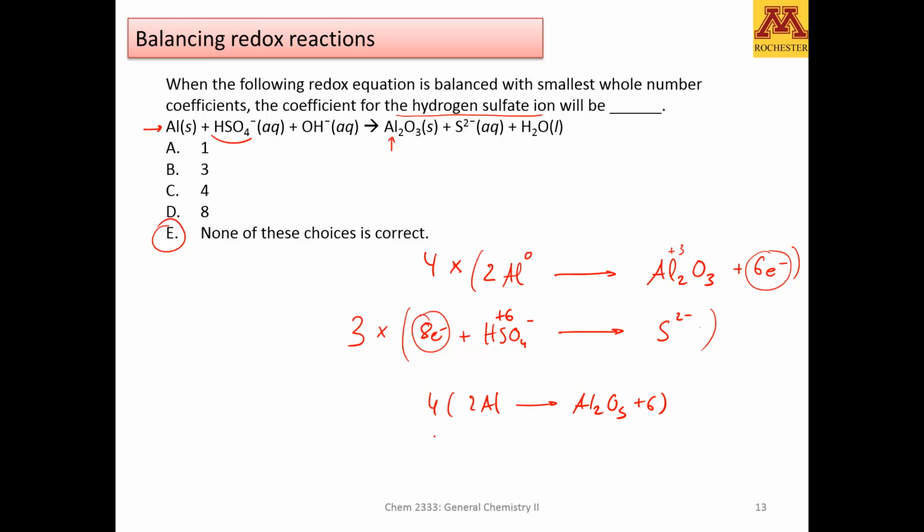Let me just do the whole thing. 4, 8, this will be 4, and this will be 24. 24 electrons leaving, and in here you have 24 electrons arriving.